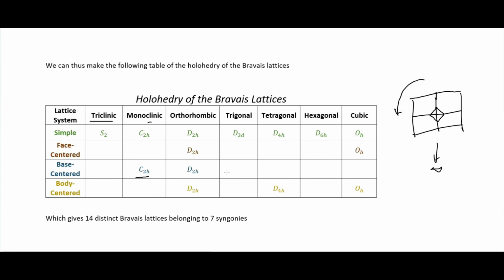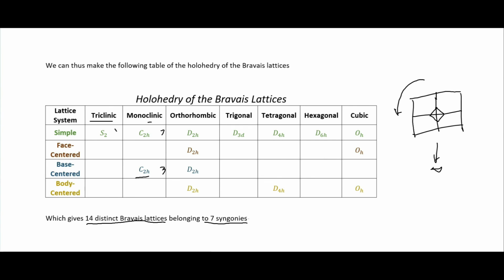If you add up all these things, we have 1, 2, 3, and then 4, 5, 6, 7, 8, 9, 10, 11, 12, 13, 14. So there are 14 distinct Bravais lattices belonging to the 7 syngonies. And that is the take-home message from this video.